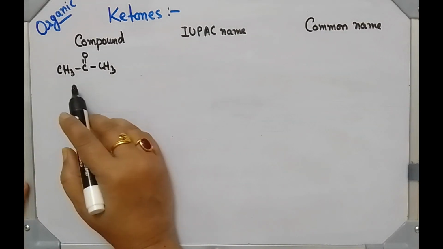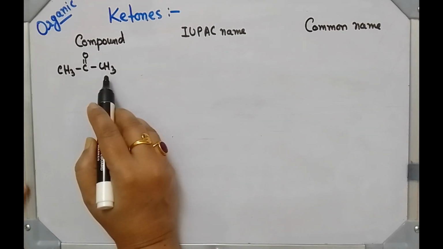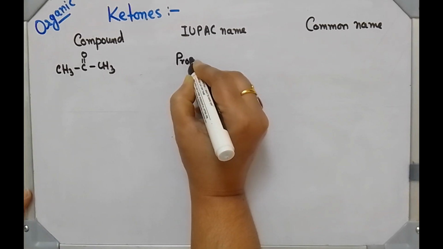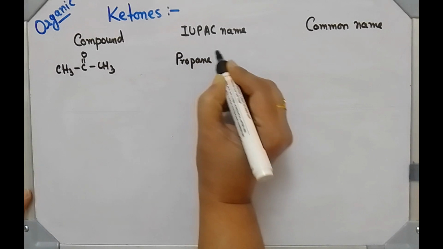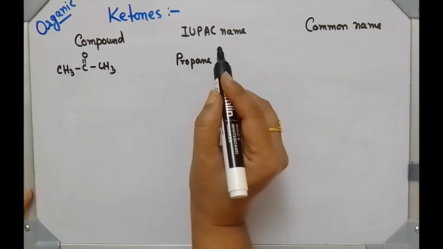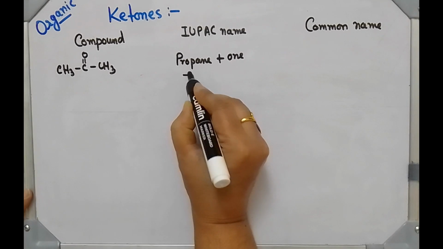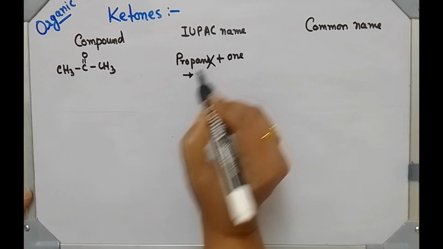Now see, for this compound, CH3COCH3, it has 3 carbon atoms. So 3 carbon atoms means propane, plus the secondary suffix -one we have to add. You have to drop this E, as I told you.